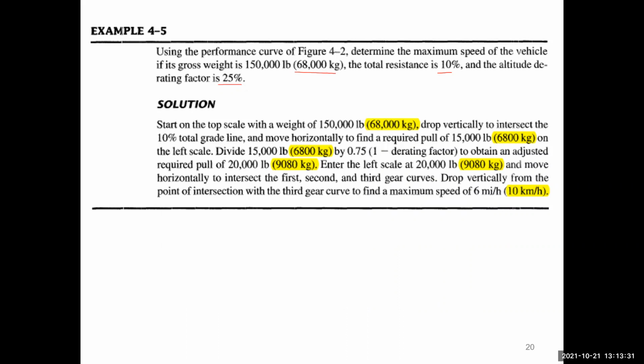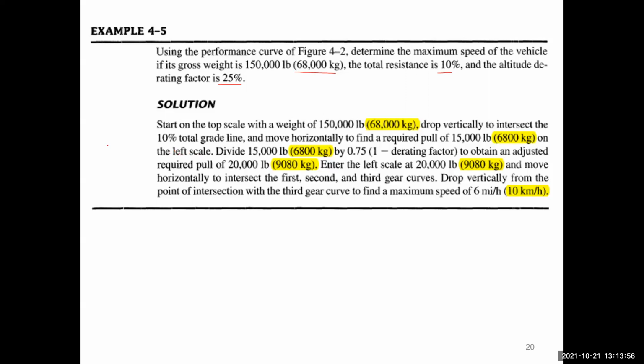On the left scale, divide 6,800 kilograms by 0.75. We divide by 0.75 because the derating factor is 25%, so 1 minus the derating factor, to obtain an adjusted required pull of 9,080 kilograms.